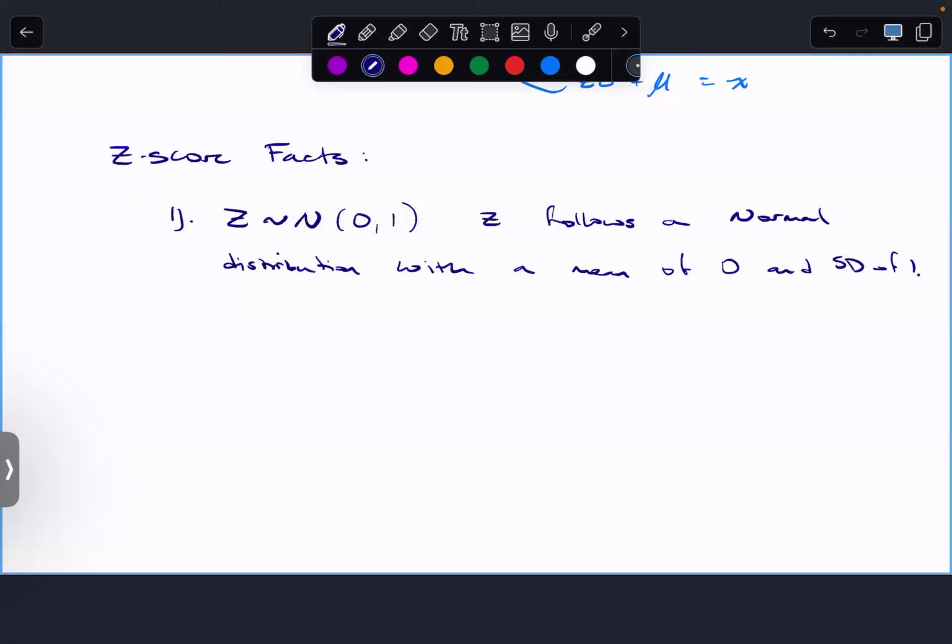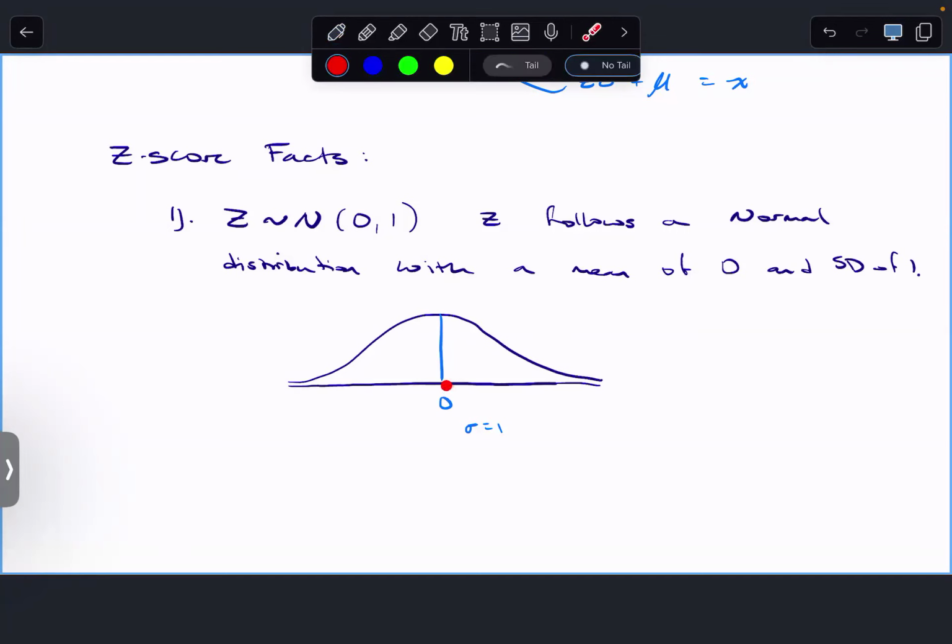We can sketch this out, leading us to our second fact, which is that a z-score that's negative, right? Those are values that are below the mean, right?